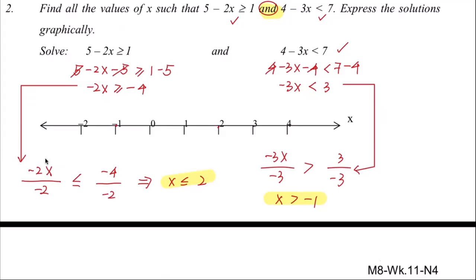The first part of the solution says x is smaller than or equal to 2. That means we need to use a solid point on point 2 to indicate that number 2 is included in our solution. So here, we draw a solid point here. Smaller than or equal to 2.